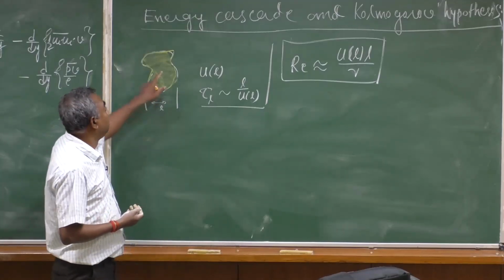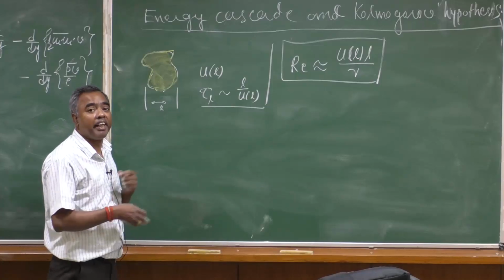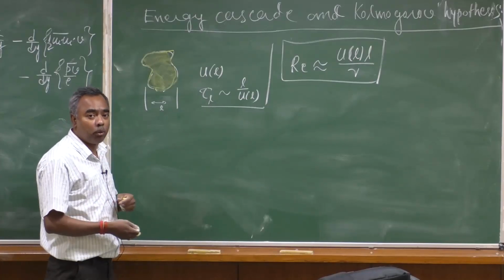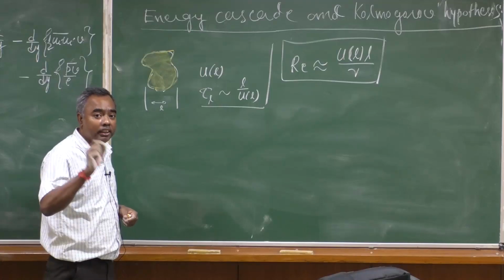So, that means his notion is that this bigger eddy will break into a smaller eddy, and that smaller one again will break into an even smaller one, and so on to the smallest scale.